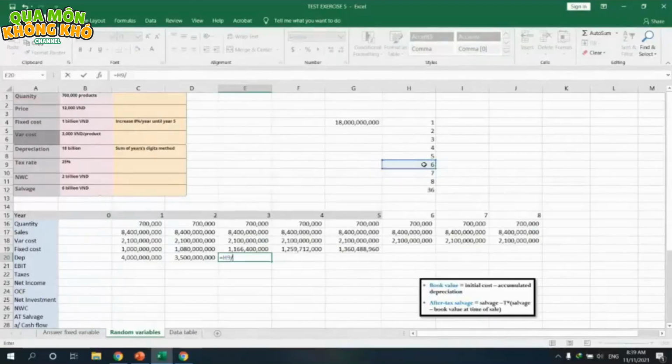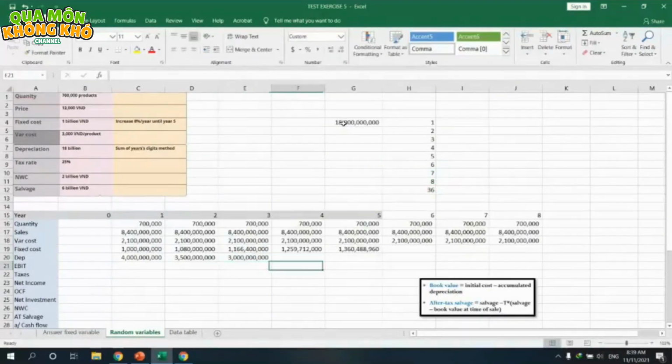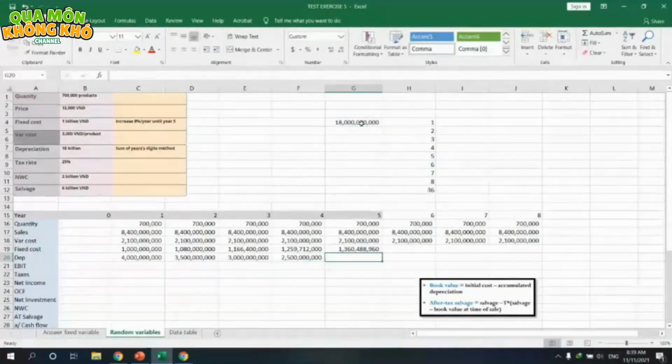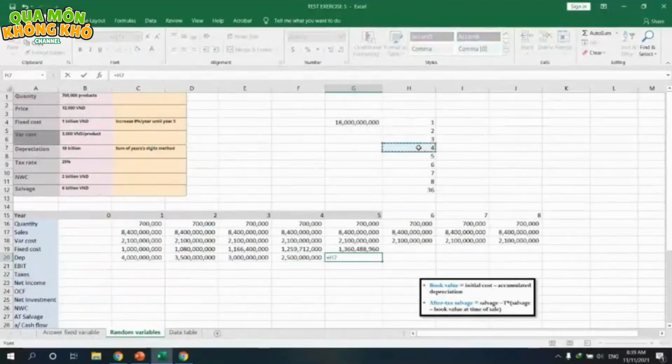6 divided by 36, multiply with 18 billion. 5 divided by 36. And last year is 4.